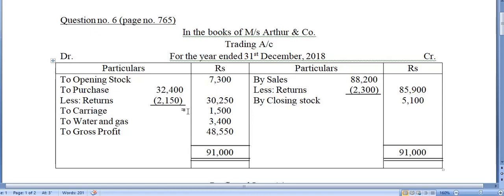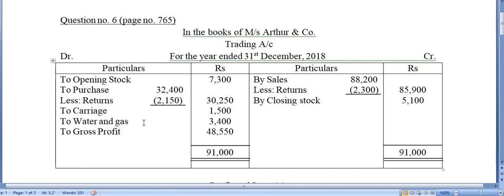Now, if only carriage is mentioned or freight is mentioned, then you must assume that this carriage is inward. So you must record it in the trading account, debit side.